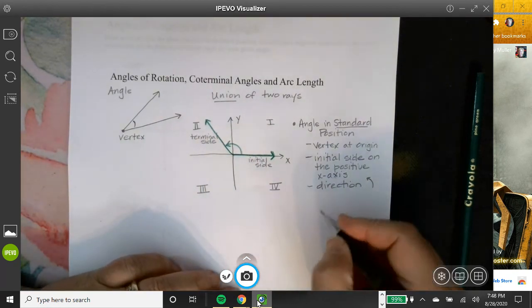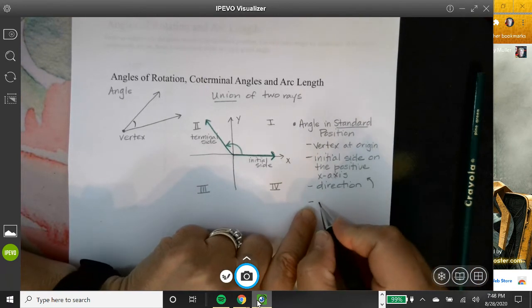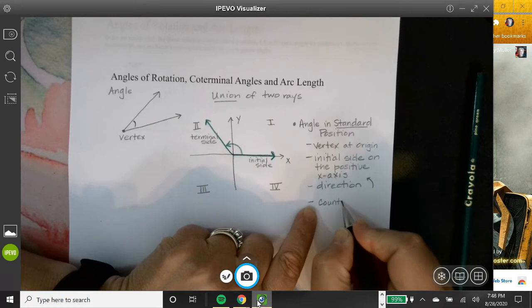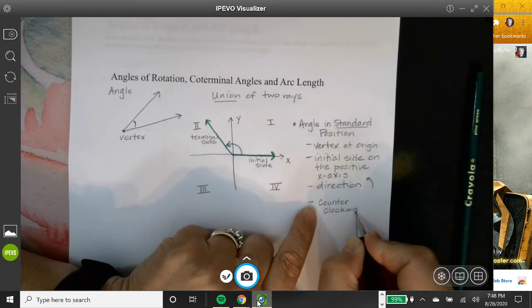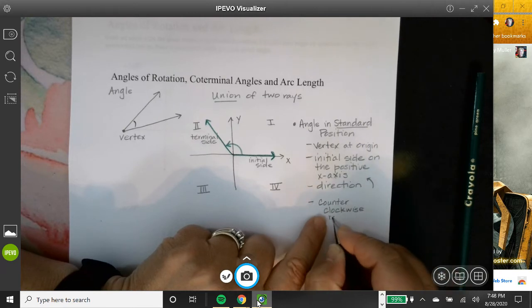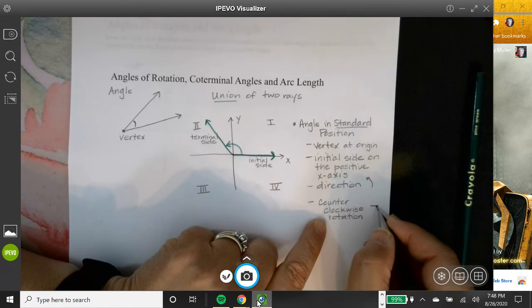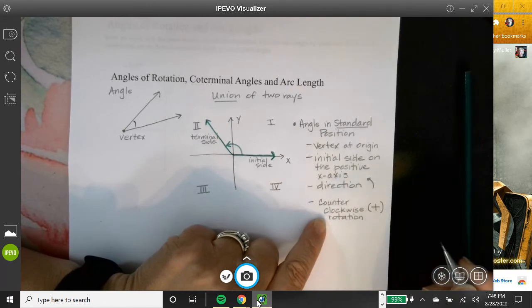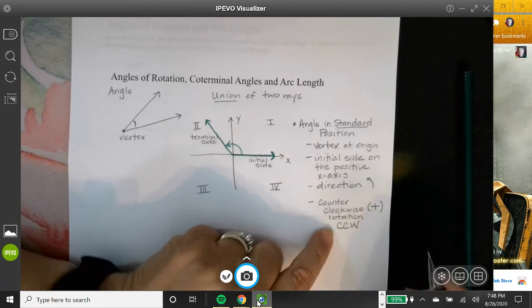And for our definition of angles, we're going to say counterclockwise rotation, okay, we're going to call that a positive angle. And my abbreviation for counterclockwise is going to be CCW.